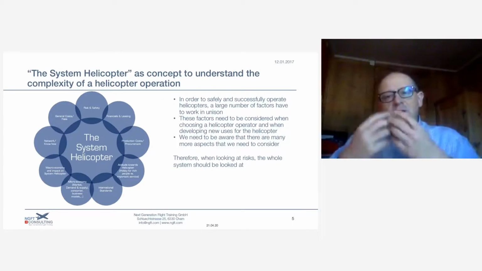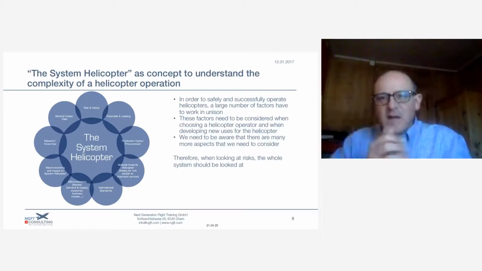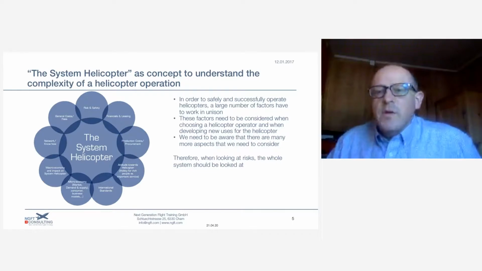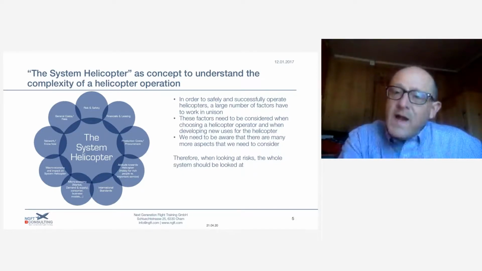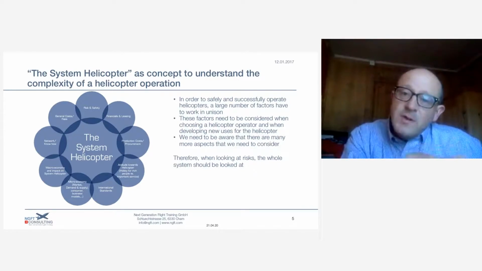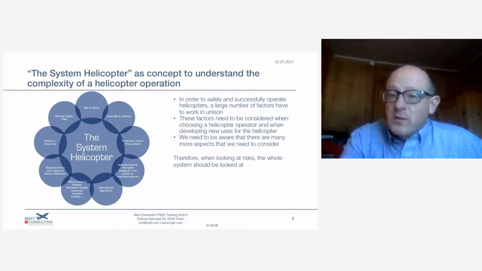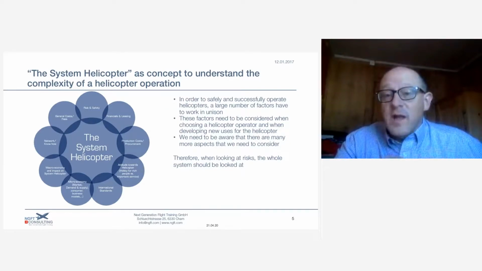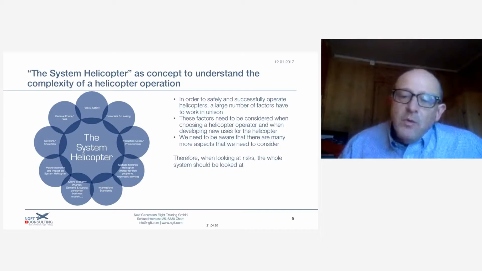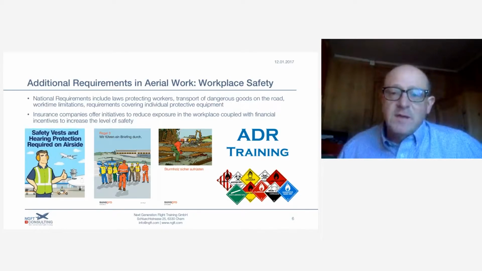And when we start to have this kind of risk mentality, risk perspective, we are able to identify these areas and then work on them. When we look at the system helicopter, a lot of things have to work in unison, and we have to identify where some areas could overlap, what dependencies are, and what could go wrong. So the whole system should be looked at. That's basically what I want to say.